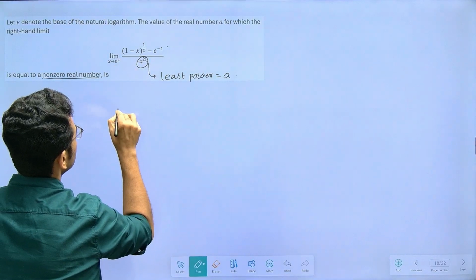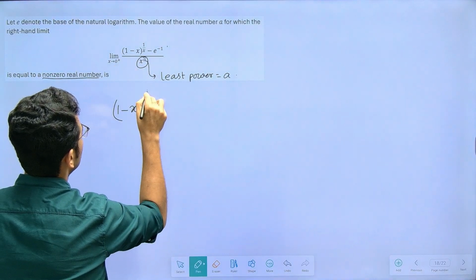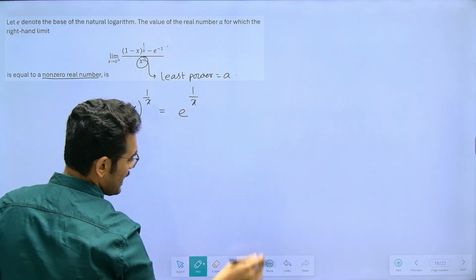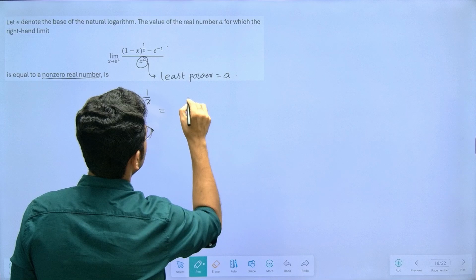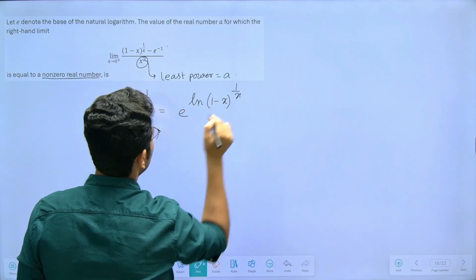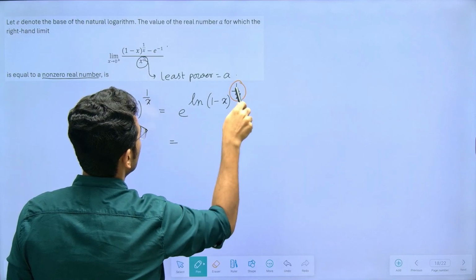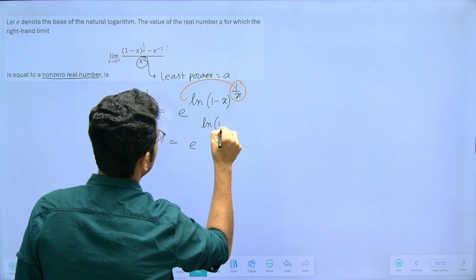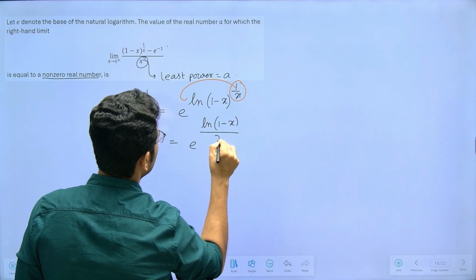If I consider the function (1 minus x) to the power 1 by x, let me write it as e to the power ln of (1 minus x) to the power 1 by x. By log property, 1 by x will come out, so it becomes e to the power ln(1 minus x) divided by x.